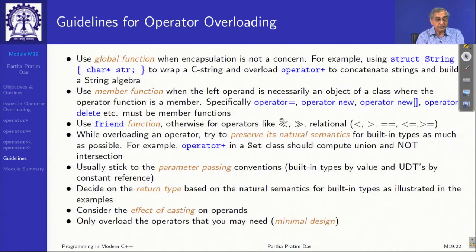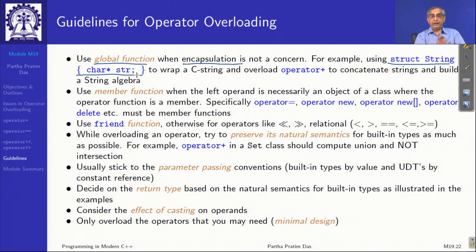To summarize, here are some general guidelines. Out of the three options, what will you choose when? You can choose a global function when you do not care about encapsulation. For example, you are trying to write something for a struct in C++, which means there is no hiding, no encapsulation.